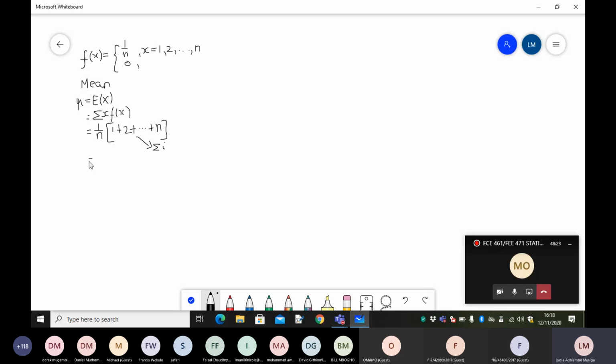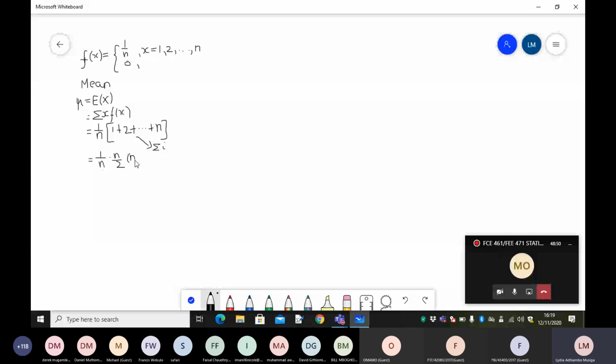So this will be equal to 1 over n. And when we sum over i using the SMP tables, the summation comes to n over 2 times n plus 1.